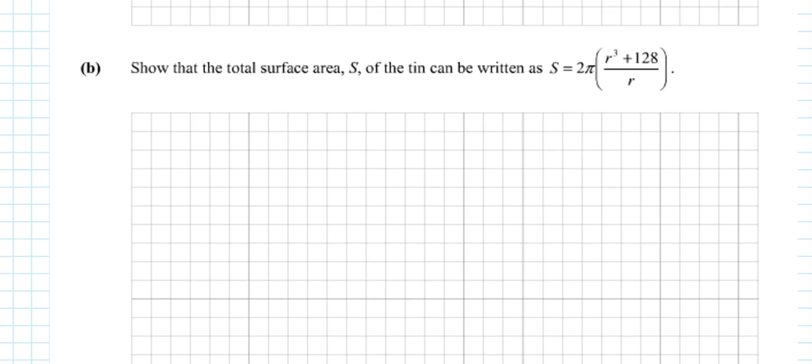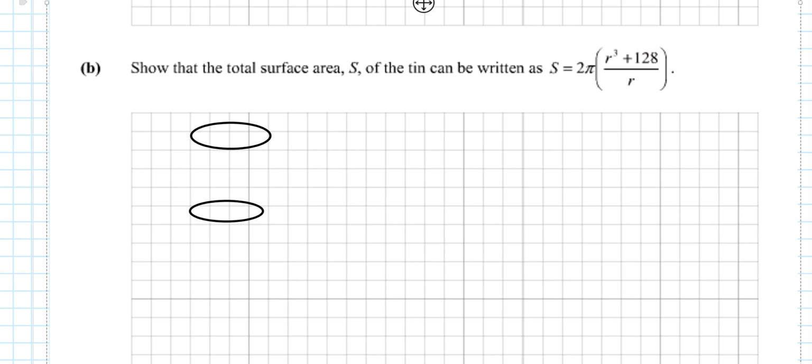Then it says show that the total surface area, S, of the tin is S equal to 2 pi by R cubed plus 128 over R. Well, it's a cylinder, isn't it? So it's important to note that we have the circle at the top, the circle at the bottom, and the curved surface area.